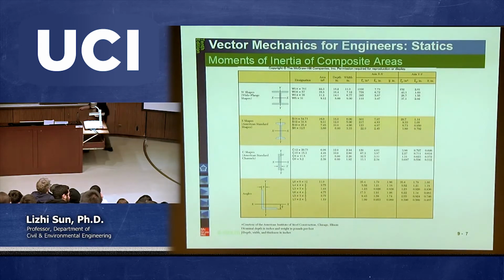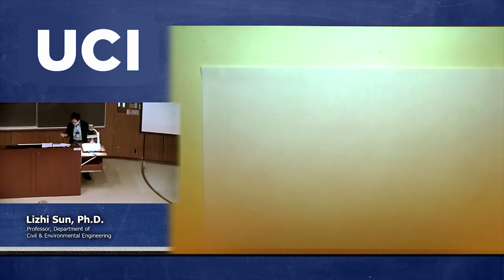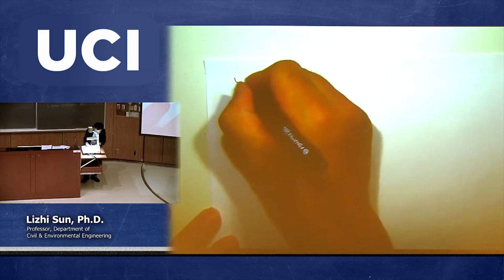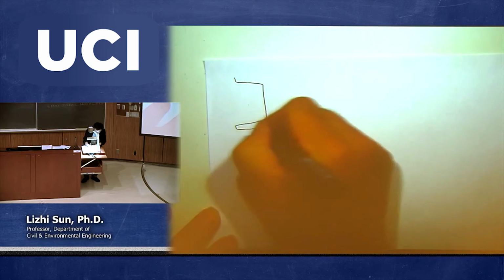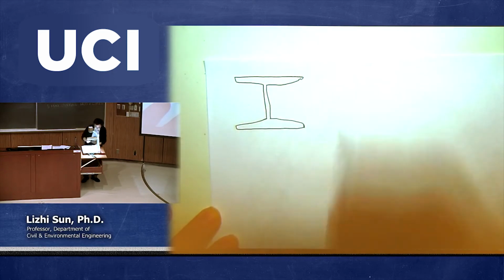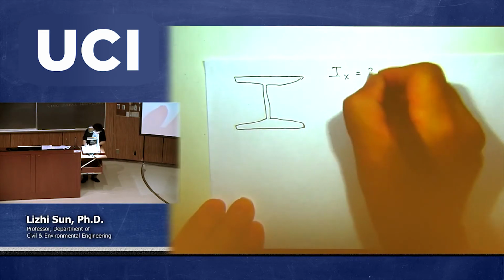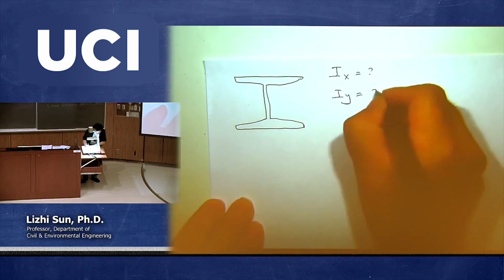So I'm switching back to my slide, overhead projector, just to show you how to calculate this, which is in fact called the wide flange. So if we have the beam with a cross-section like this, what is the moment of inertia with respect to x, and what is the moment of inertia with respect to y?